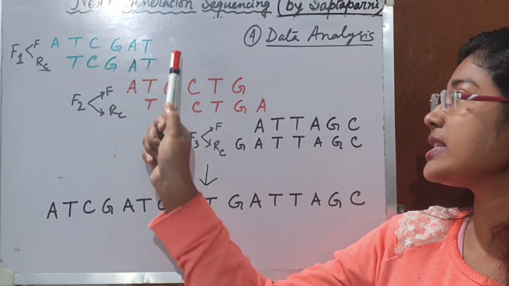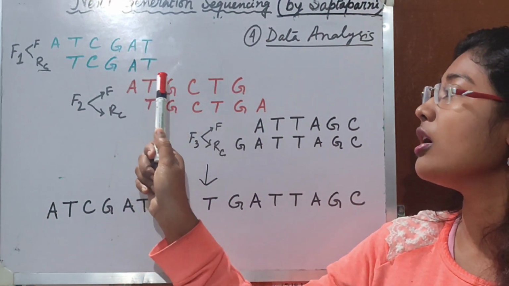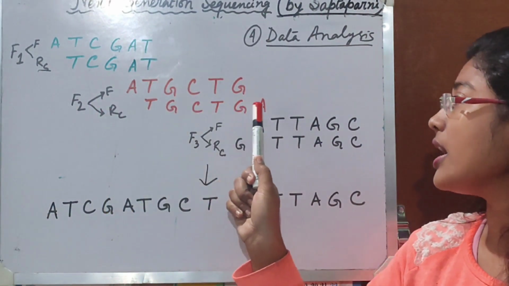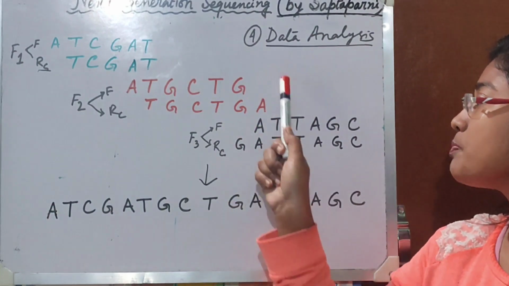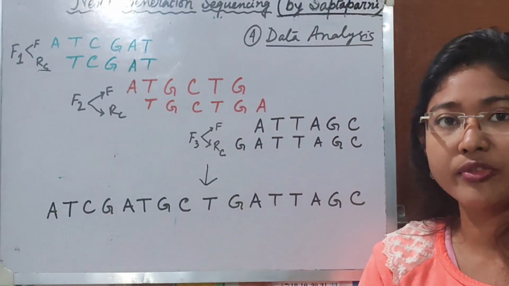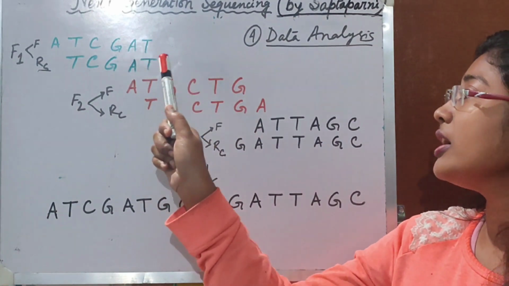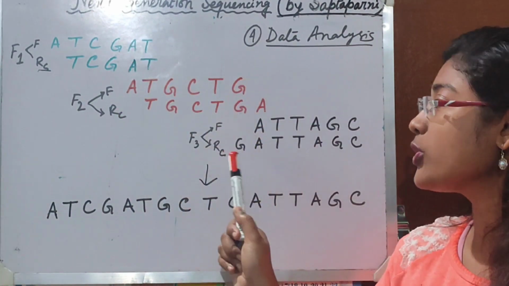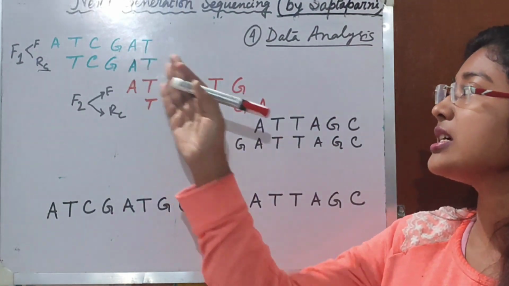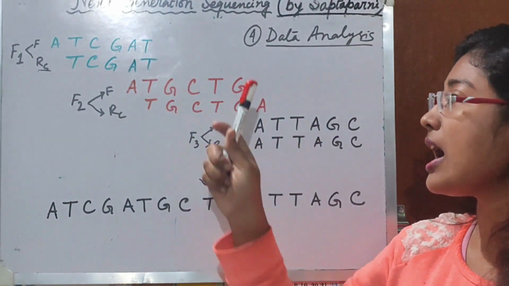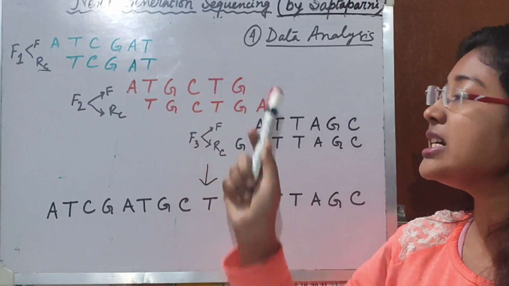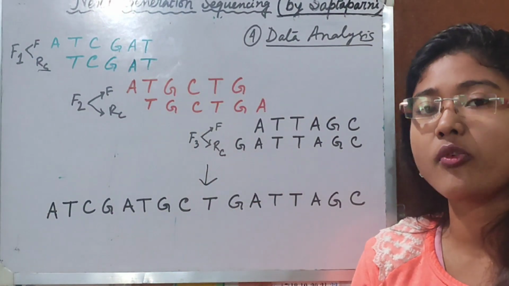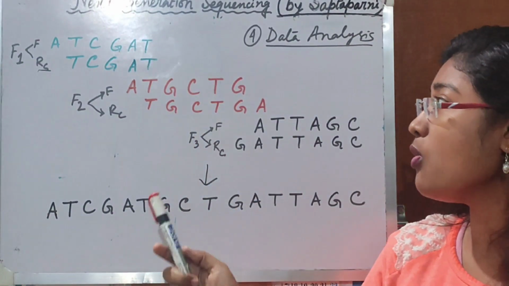Here AT is the overlapping place of the F1 and F2 fragments, and GA is the overlapping place of the F2 and F3 fragments. After observing the overlapping sequences, we can arrange these 3 fragments like this, and from this you can easily detect the sequence. How?